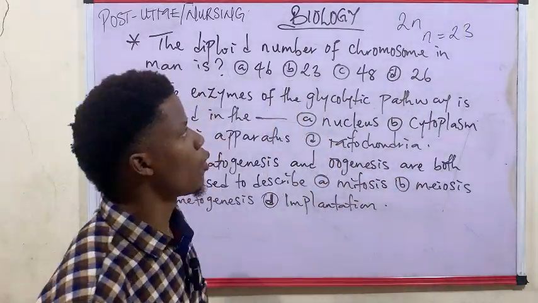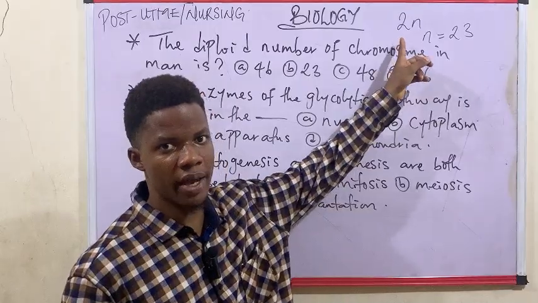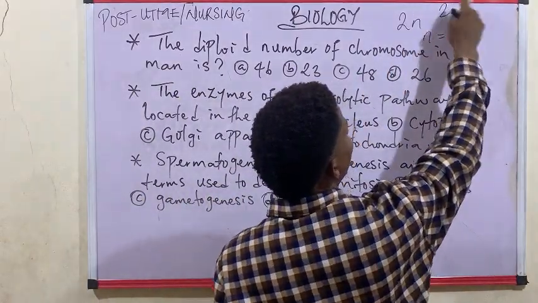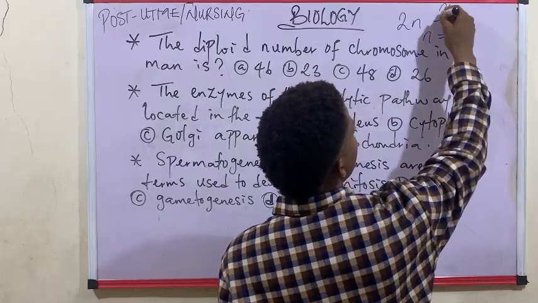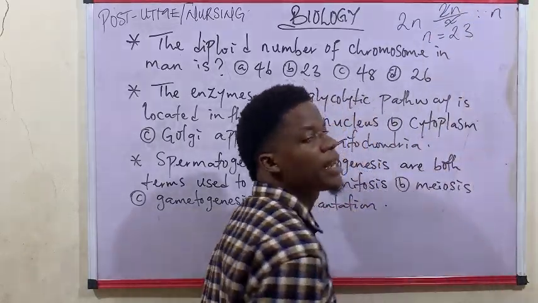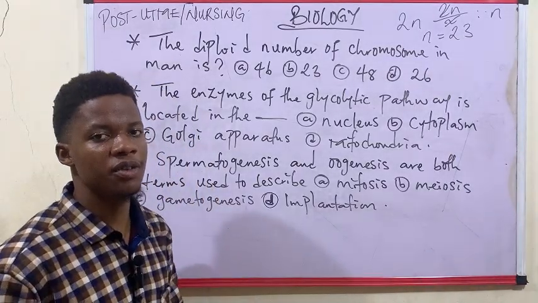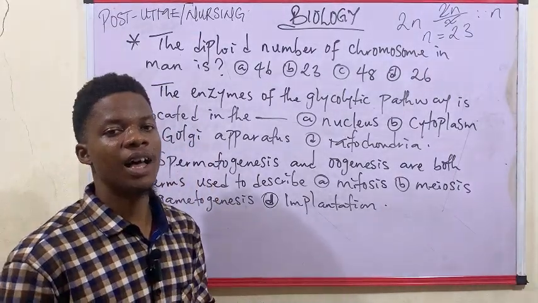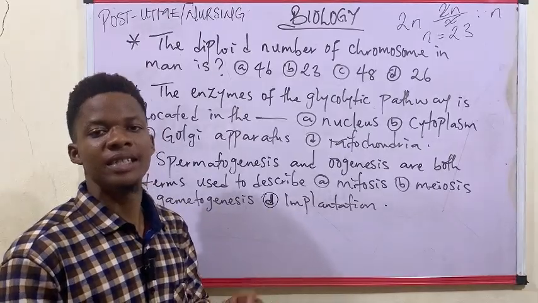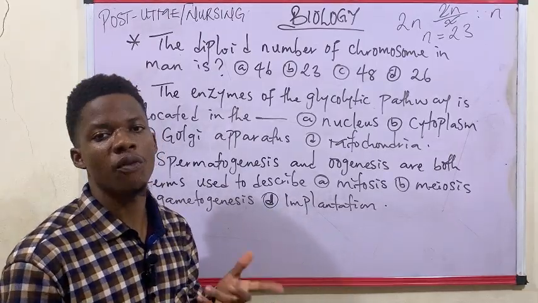Half of 2N is N, so we divide by 2. So the difference is that haploid is half of diploid and diploid is two times the haploid.